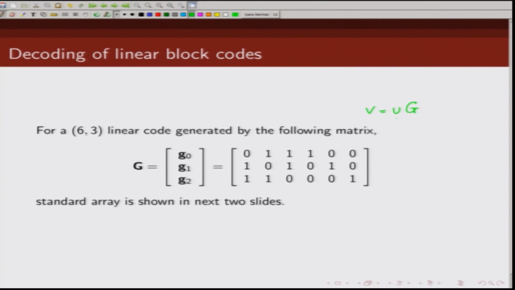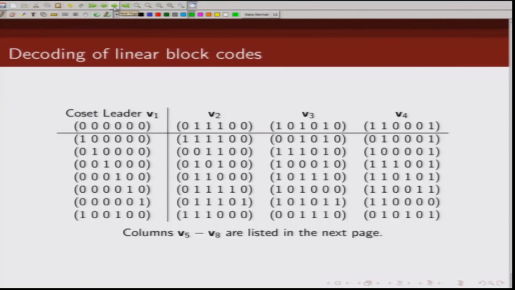and you can find those 8 code words, because you know the G is given to you and you know what is your U. U basically goes from 0 0 0 to 0 0 1, 0 1 0, goes to 1 1 1. So, you can find out what these code words are, and I have listed these code words here. So, you have one all 0 code word, and then the other code words are 0 1 1 1 0 0, 1 0 1 0 1 0, 1 1 0 0 1 0 0 0 1.